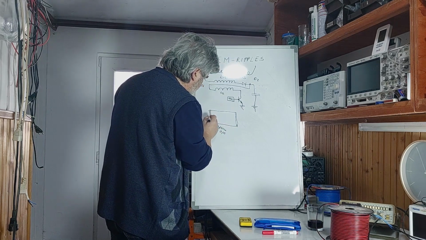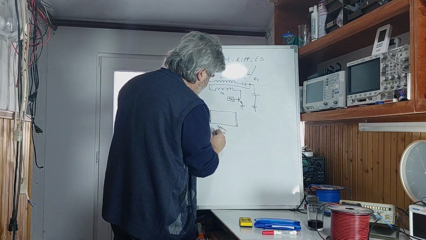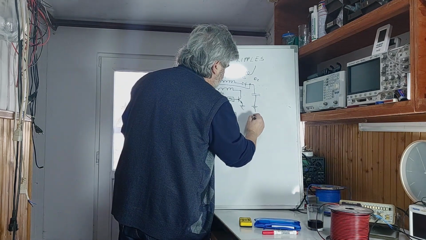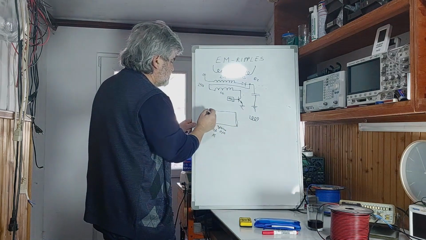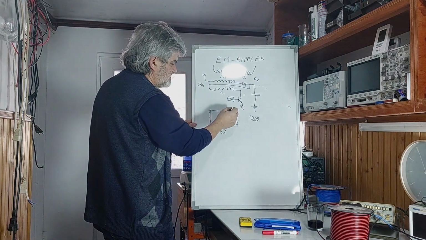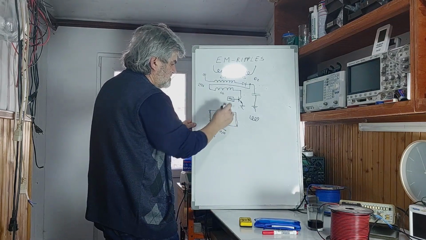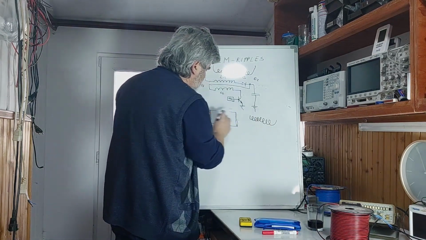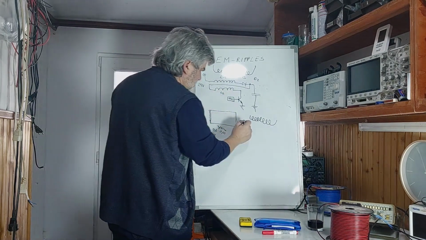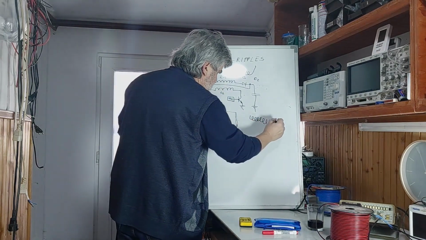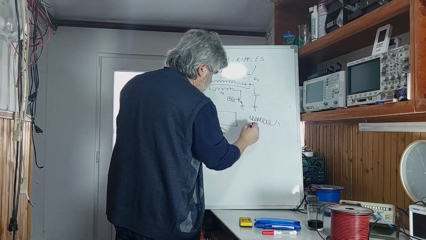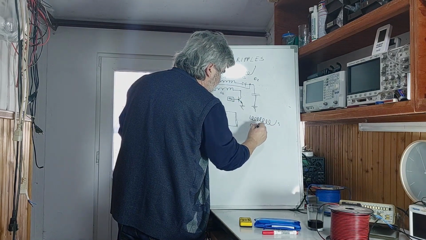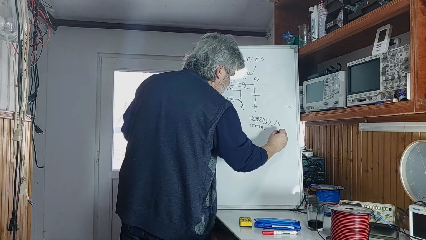So it is the secondary. Around that, I used 15 turns. I don't know how many turns were here, but I gave you the major numbers: 100 meters and 300 millimeters. So you see, that is the secondary, but the primary was bifilar, like here, with 15 turns.